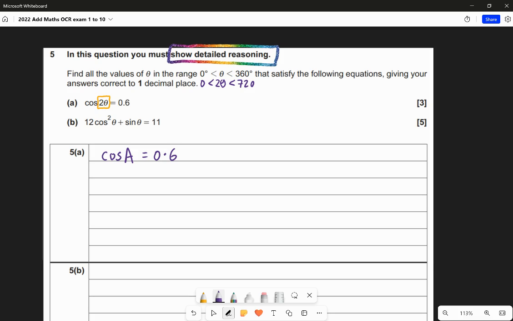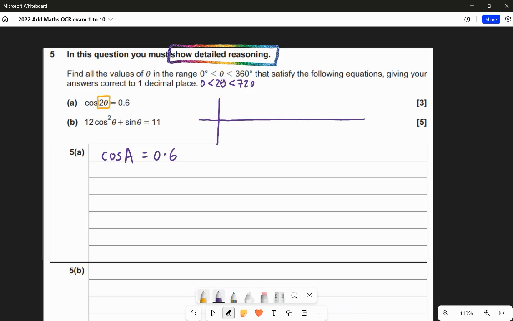Okay, so this is a simple trigonometric equation. There's not much going on in it. It's simply a cosine function equaling 0.6. So what I would do is I would sketch out the cosine function within the range that I want. So I want to sketch it out between 0 and 720.